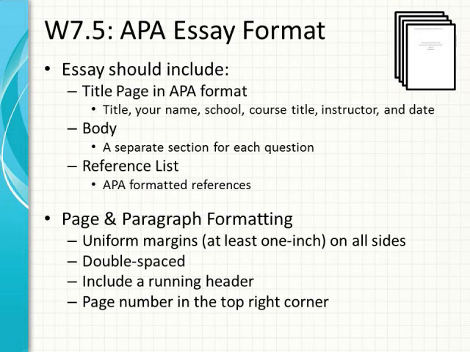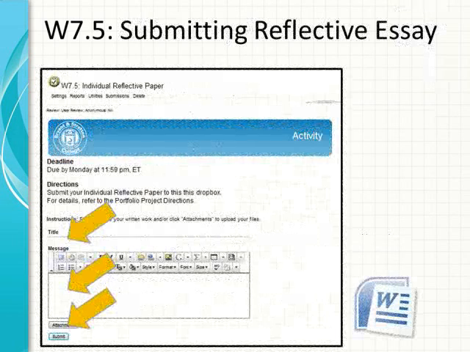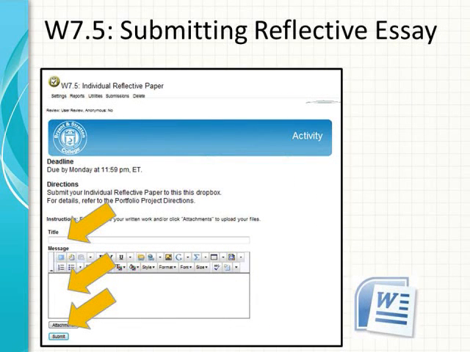Now, for page and paragraph formatting, remember to use uniform margins, double space, include a running header, and page numbers in the top right corner. And once you've completed your paper, you'll simply go to Angel and find the Week 7.5 Dropbox, give it an appropriate title, a message, and attach your paper and submit that.